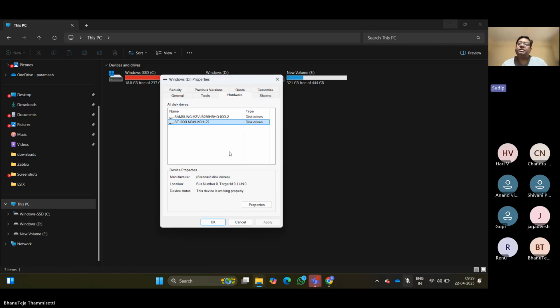But in Bhanu's case, it is a little different. He has two hard disks. So, what is his location? And it has given certain numbers to this location. They are saying bus number, target ID, and LUN. There is some number attached to that LUN. Now, what's all this? Can anybody take a guess?